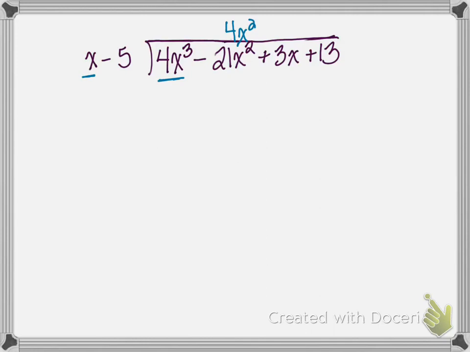So now I'm going to multiply this 4x squared times my binomial. 4x squared times negative 5 is going to give me negative 20x squared. 4x squared times x is going to give me 4x to the third. And this is where students very often make their mistakes. You have to remember that we are subtracting.